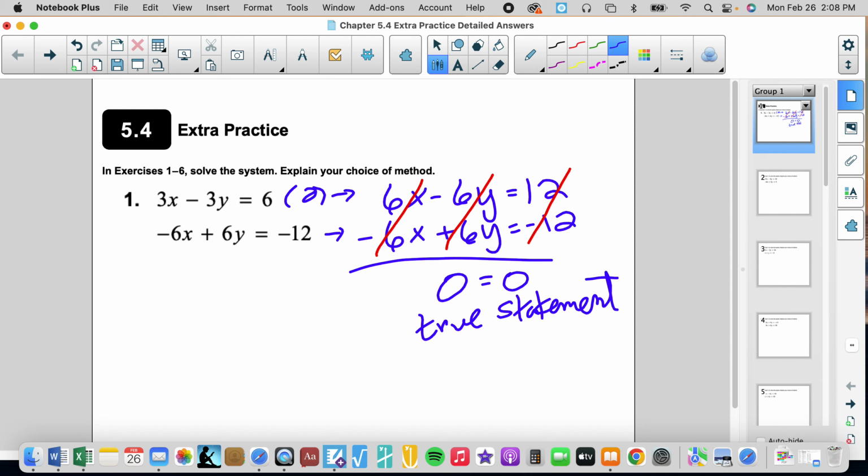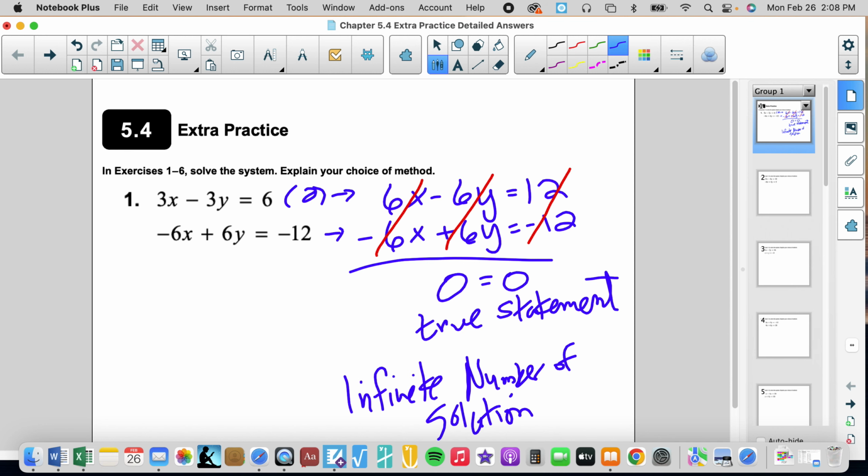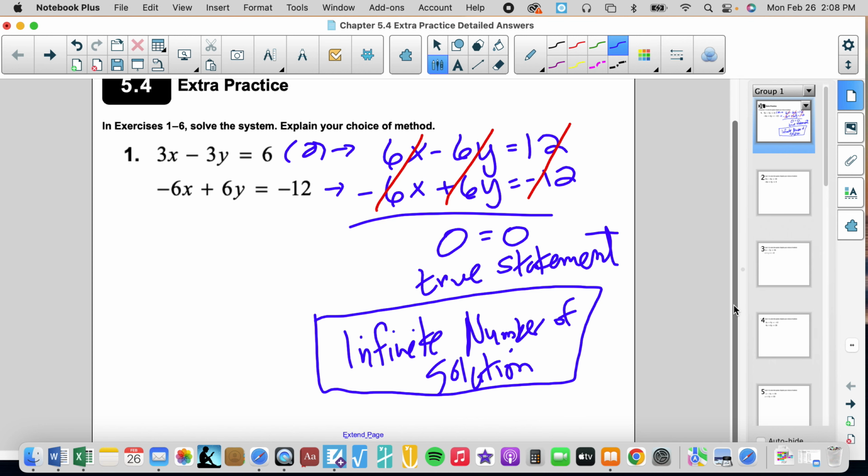And because it's true, that means it is an infinite number of solutions, which I hate that answer. Infinite number of solutions, identity, whatever. I like all points on the line.